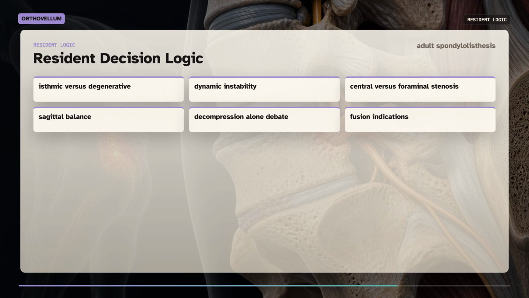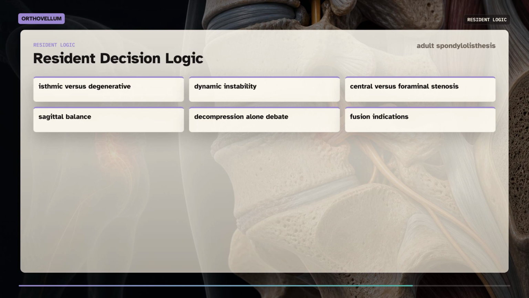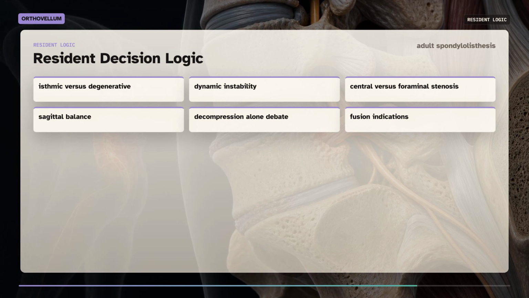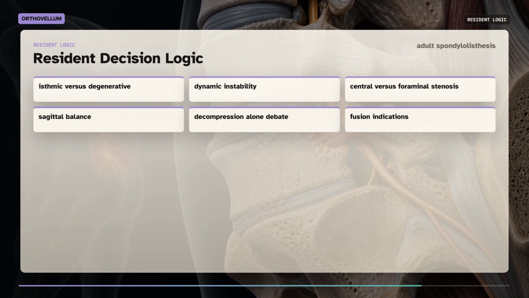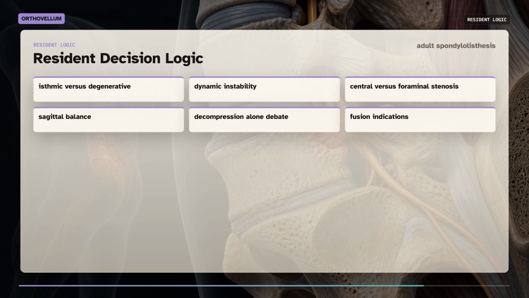Resident-level pearls: isthmic versus degenerative, dynamic instability, central versus foraminal stenosis, sagittal balance, decompression alone debate, fusion indications. Always name the differential diagnosis before falling in love with the first diagnosis. Always ask whether the proposed treatment matches the biology, the mechanics, the time course, and the person in front of you.